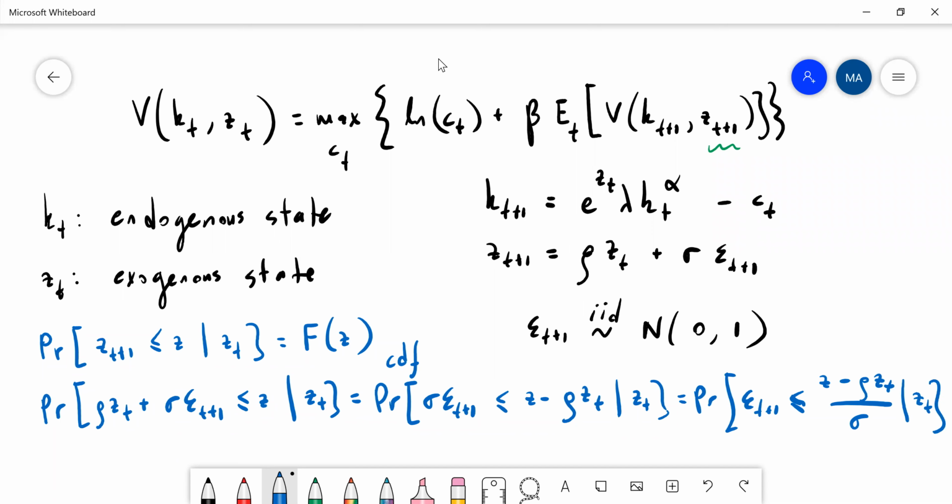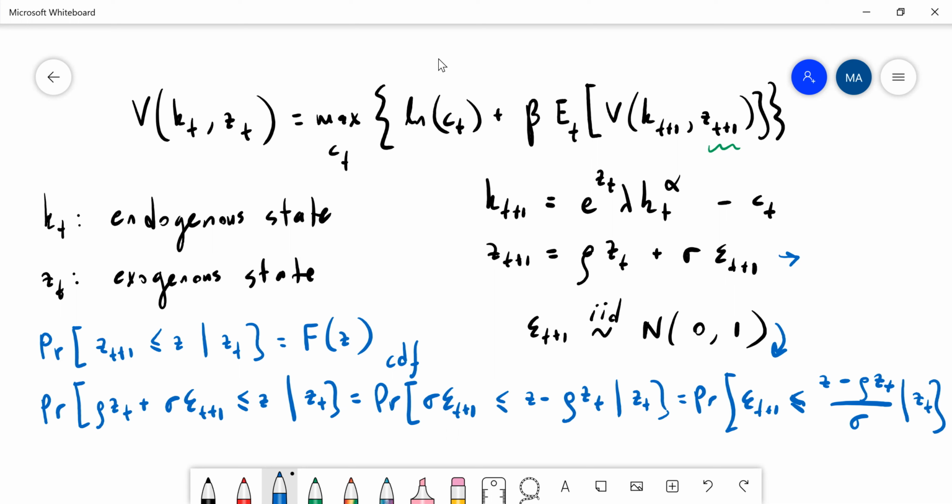Now realize that you already know this CDF. This is standard normal. So you basically normalize your Z using this. This is very practical and very useful. In the numerical work, you're going to use such things.